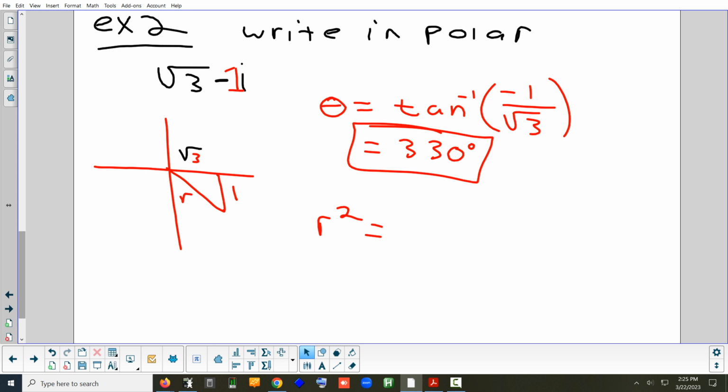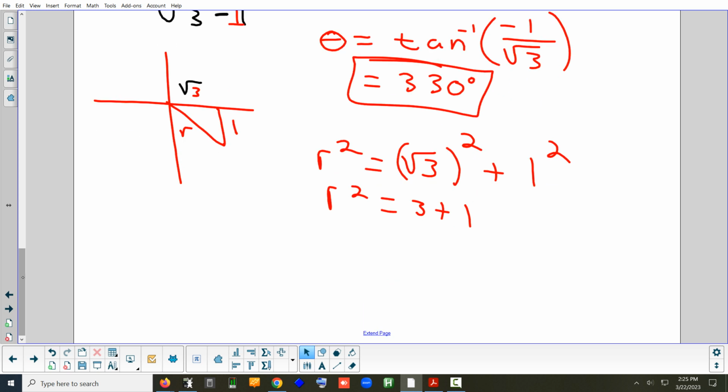I'm just going to write square root of 3 squared plus 1 squared, which does turn into what we just said, 3 plus 1. So r squared is 4, which means r is how much?